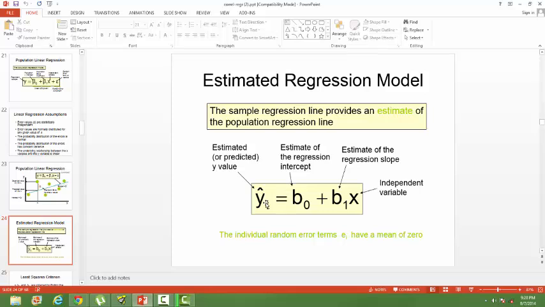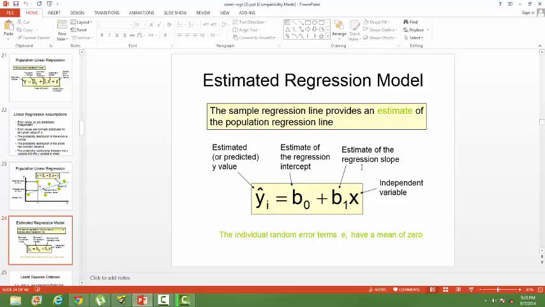Using the sample data, you predict the values, so these are not the actual values. You can always compare the actual values and the predicted values, but y hat is used to represent the estimated or predicted value. And b0 is your intercept and b1 is your slope coefficient.